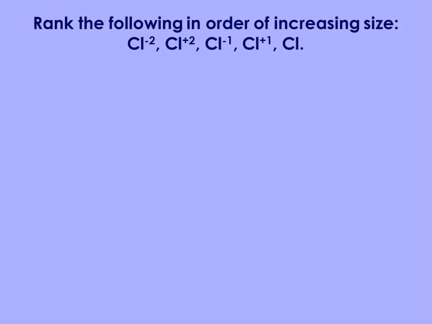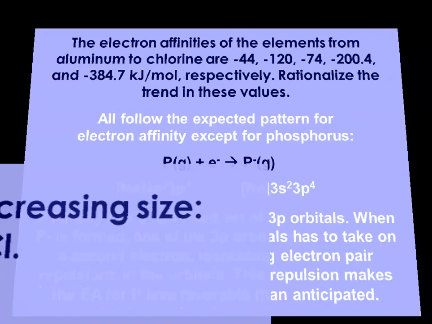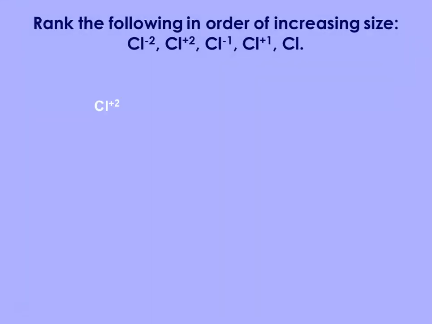Fewer electrons is going to allow the nucleus to hold on to those that remain more tightly and cause your atoms to become smaller. So the smallest would be the one with the most positive charge, Cl plus 2. The largest would be the one with the most negative charge, since they all have the same number of protons, and that would be Cl minus 2.